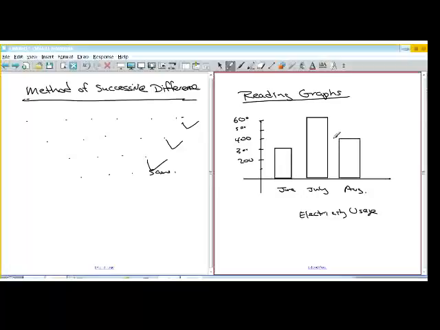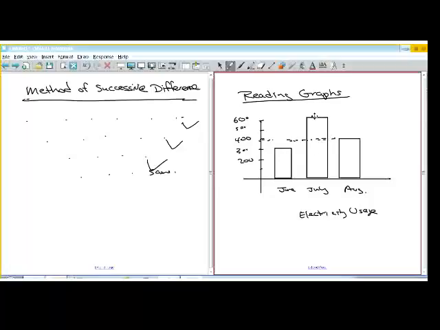So let's say I asked what August was. What's the amount in August? You would probably best draw a line over just to make sure you're getting it straight. Once you get over there, you could approximate it. So you might say it's 400, you might say it's 390 in terms of the value.